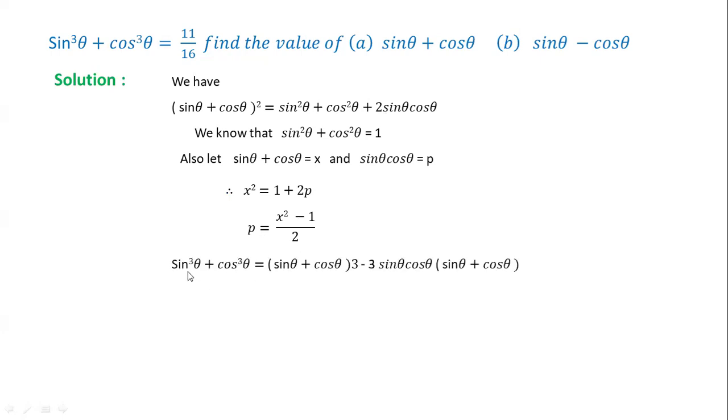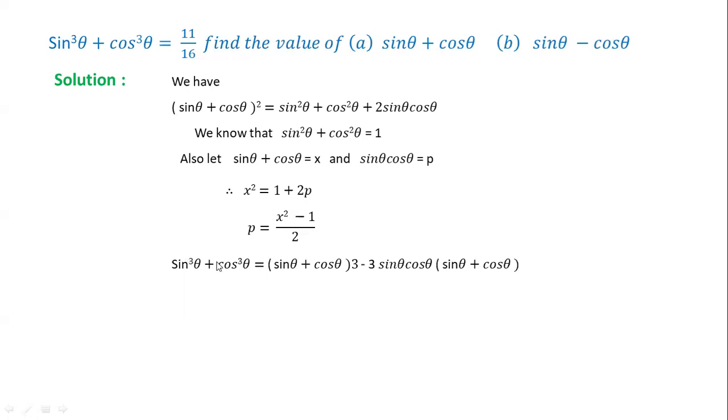Now, what is our identity? sin cubed theta plus cos cubed theta is equal to (sin theta plus cos theta) cubed minus 3 sin theta cos theta into (sin theta plus cos theta).